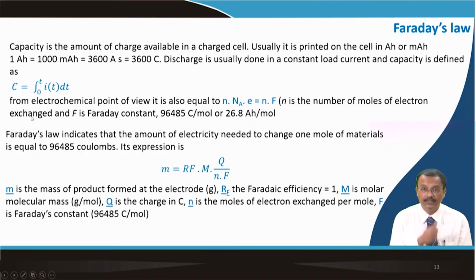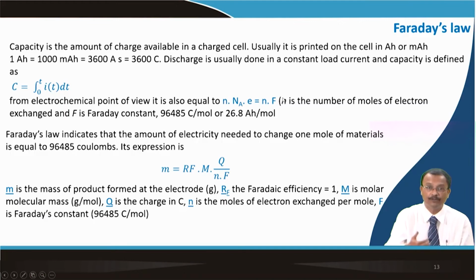Discharge is usually done at a constant load current, and capacity can be defined as the integration of the current involved in this reaction from 0 to T. From the electrochemical point of view, this is also equal to the number of moles of electrons exchanged, the Avogadro number and the electronic charge. This N_A and e is defined as the Faraday constant.